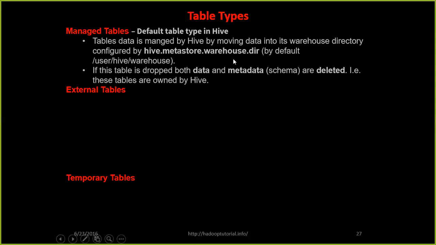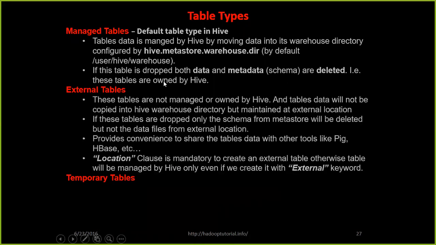If you provide the location path, then it will store it there. In external tables, these tables are not managed or owned by Hive, and table data will not be copied into the Hive warehouse directory but maintained at the external location. So this last line is no longer valid.